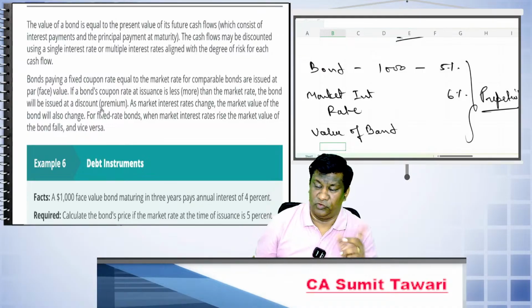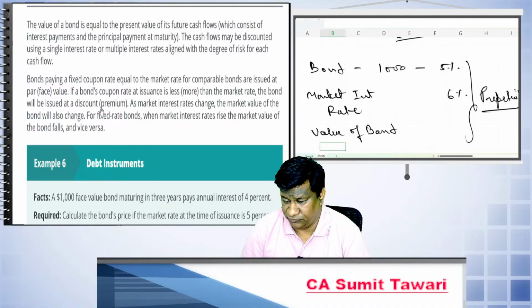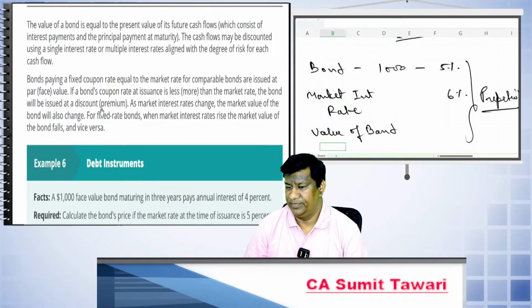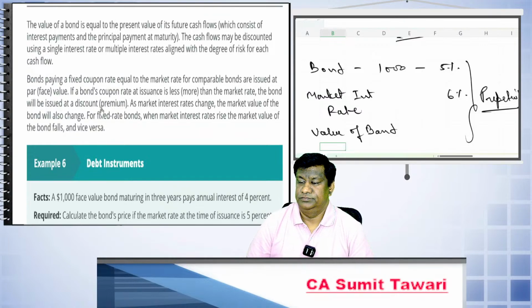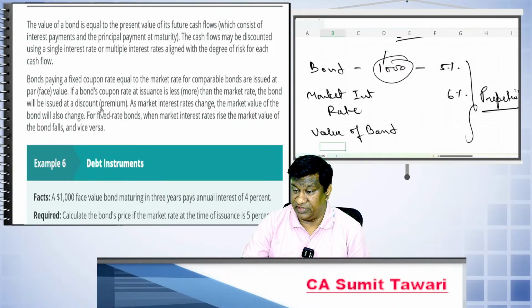The same principle we learned in case of the dividend, the same principle you need to apply. What is my dividend? What is my expected return? Anyone? When I issued the bond, the value of the bond is 1000, or the face value I can say. Okay.